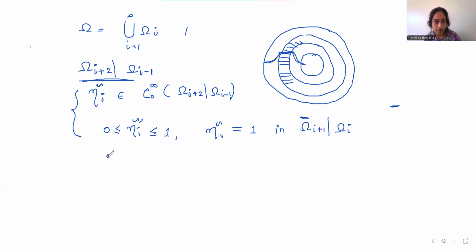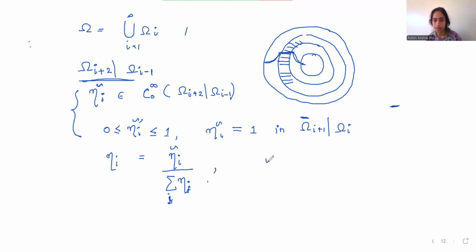And now you define eta_i as eta_i tilde over the sum over j, to make it a partition of unity. So this is my partition of unity subordinated to this cover of my domain Omega.